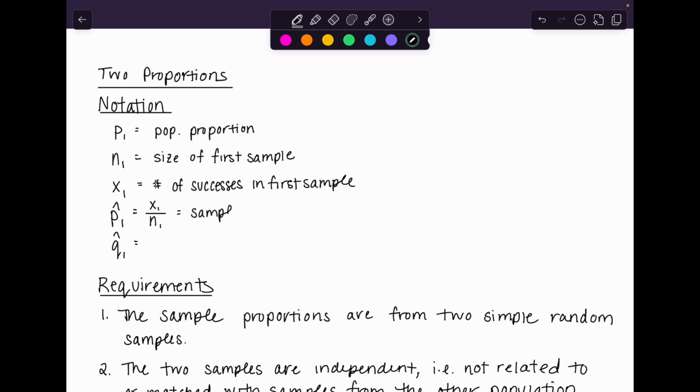So it's the sample proportion for the first sample. And then q1 is the opposite. It's the number of failures over the sample size. The way we find that is 1 minus the sample proportion. The other word you'll often hear this called is the complement of p.